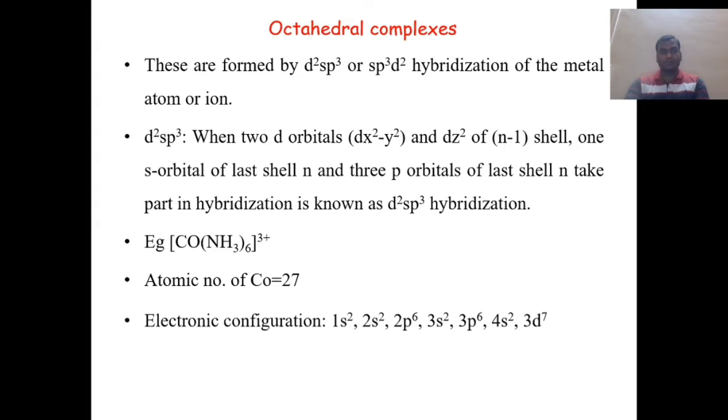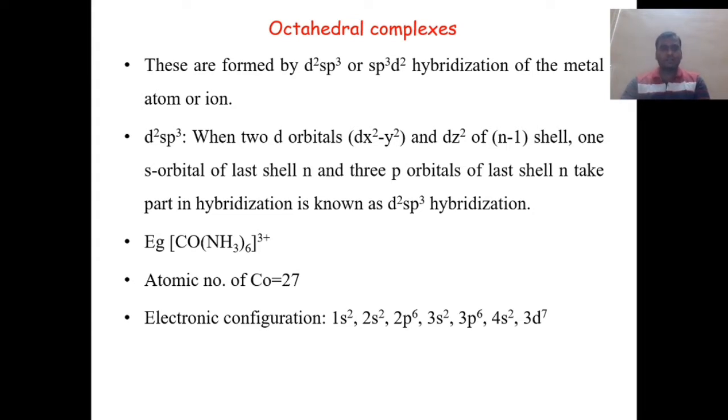Its electronic configuration is 1s2, 2s2, 2p6, 3s2, 3p6, 4s2 and 3d7. This is the electronic configuration of the metal present in this complex. Now in this complex, the oxidation state of cobalt is +3. What do we mean by the oxidation state being +3? It means it loses 3 electrons while forming a complex with the 6 ammonia molecules.